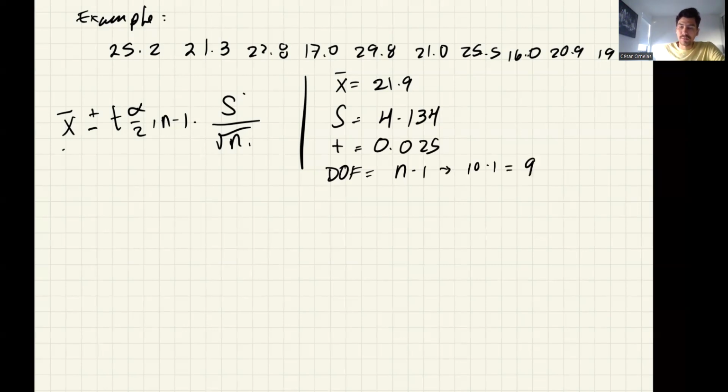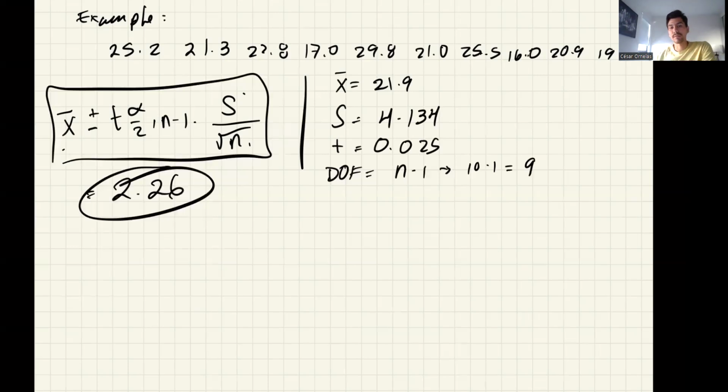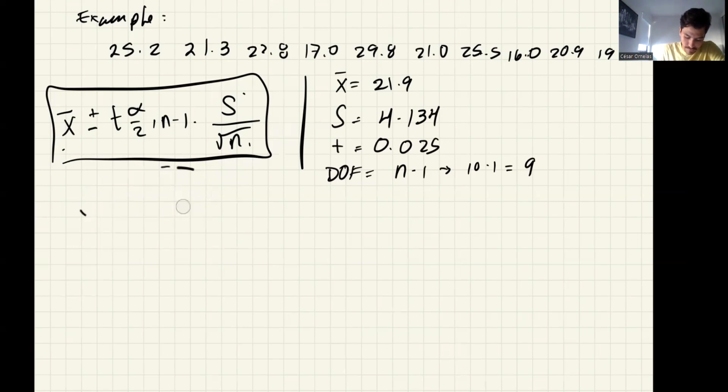Using this formula right here, we have that the result is going to be 2.26. Now, the confidence interval, I'm sorry, no, this is not the answer. This is the answer from the table, 2.26.